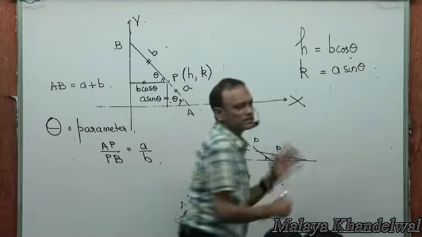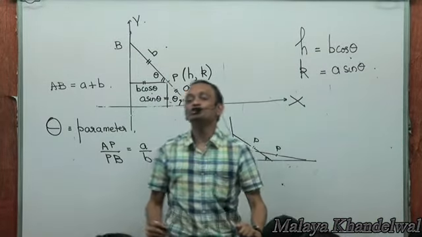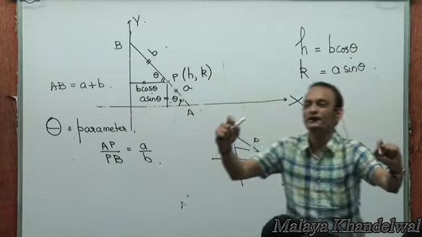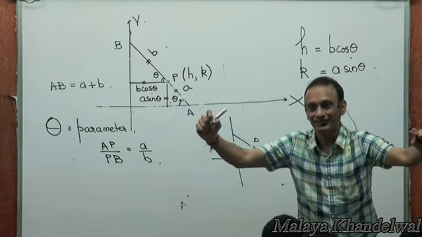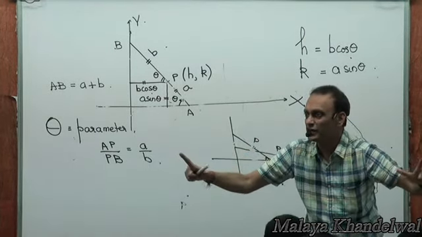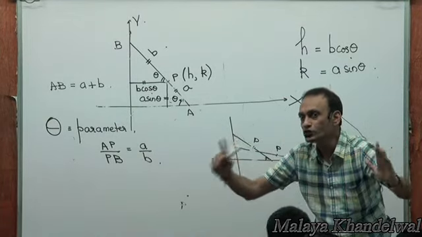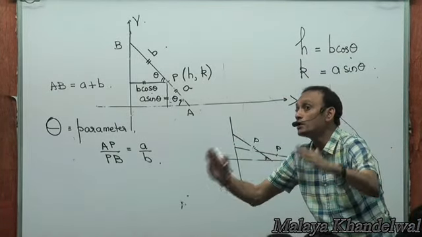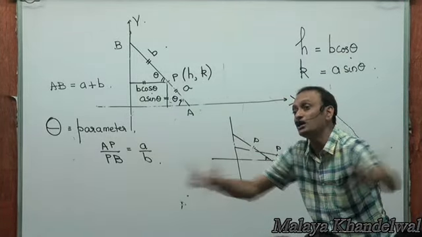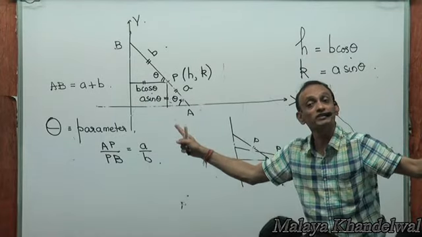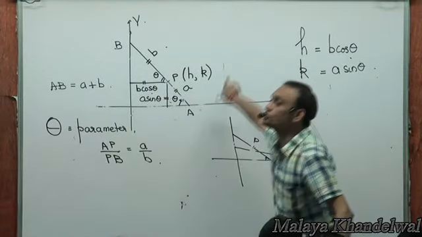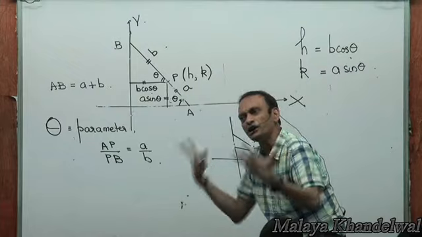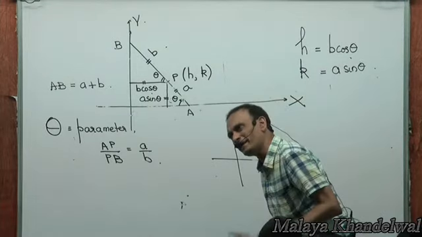So, as simple as this, my objective is to eliminate the parameter, in this case, theta. If I've eliminated the parameter, that means I'm hitting the bullseye. I'm right away talking of an algebraic relationship connecting the x and y coordinates of the moving point, true for all positions of P. If it's independent of theta, that means it will be true for all P's.